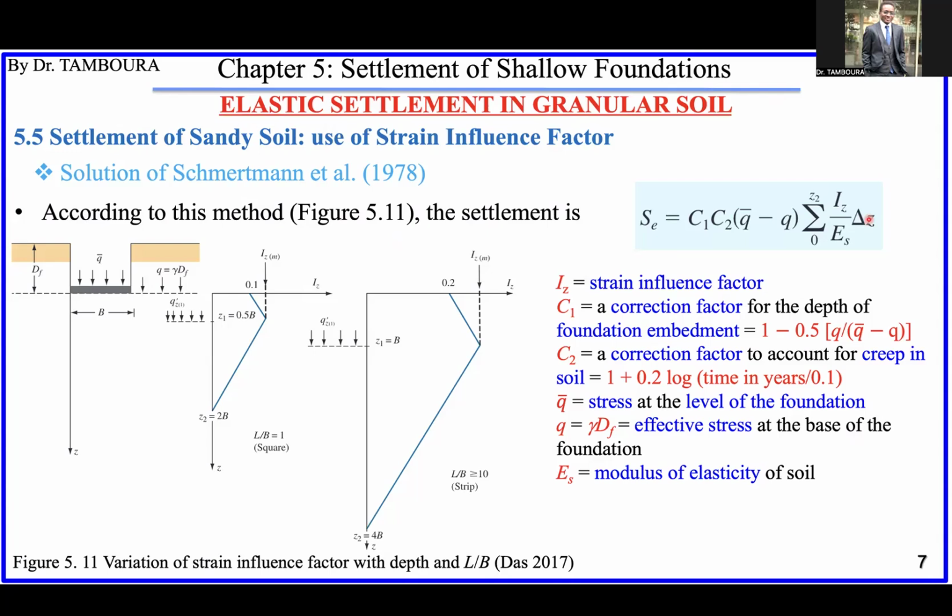So this strain influence factor is changing according to the depth, and it's changing also according to the type of foundation. For example, you have here for square footing, and this figure here is for strip footing.